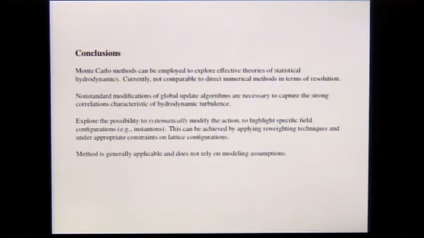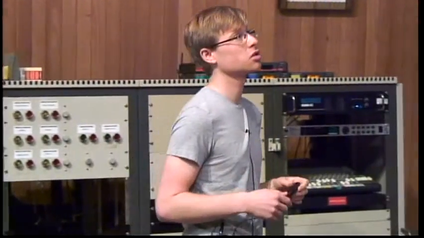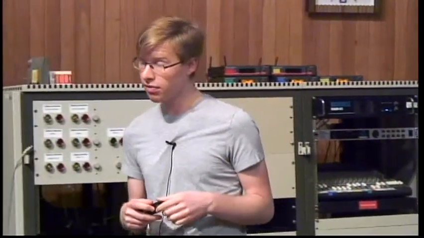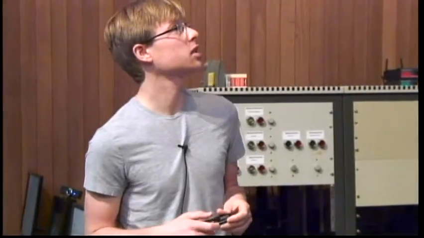Reweighing in the sense that we have an observable in mind, let's say a 2-point correlation function or a structure function, and we include this observable into the action and let the Monte Carlo decide which configurations give the maximal contribution in some sense to that observable, right? Which is very much in line with the original constructions of instantons in the framework of stochastic Burgers equation.